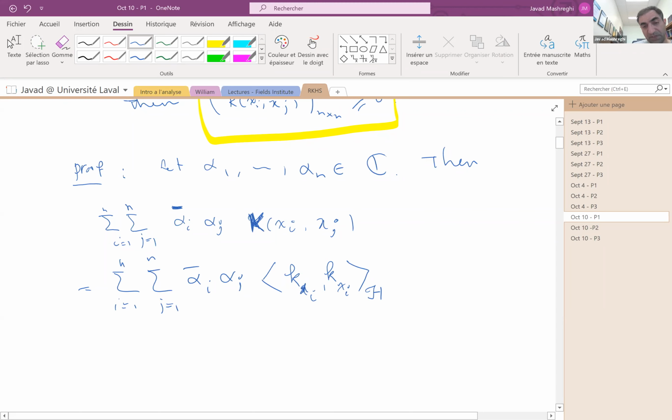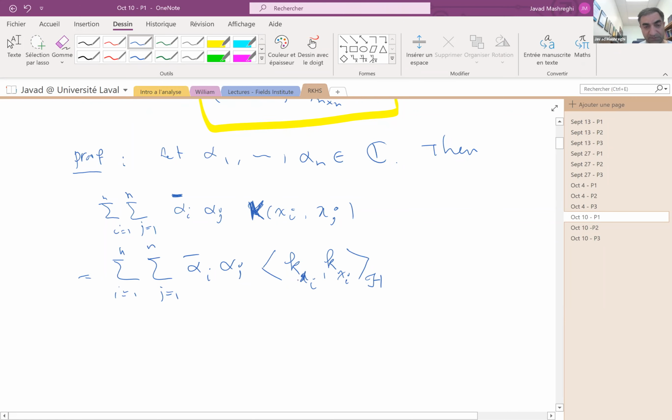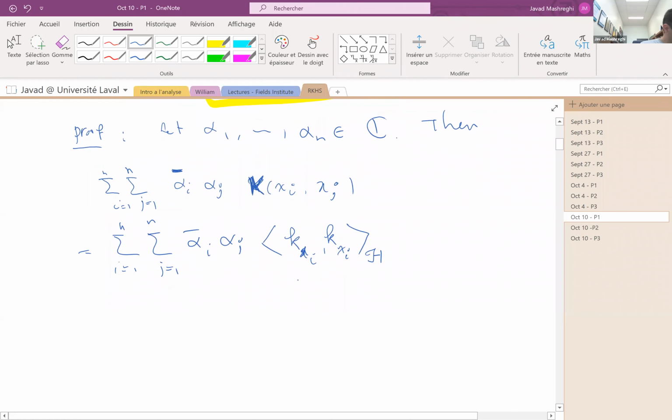And as soon as you make this observation, the rest is straightforward. Did I write it correctly? Yeah, I should write kj here and ki over there, because this is k_xj at point xi, which is equal to this one.